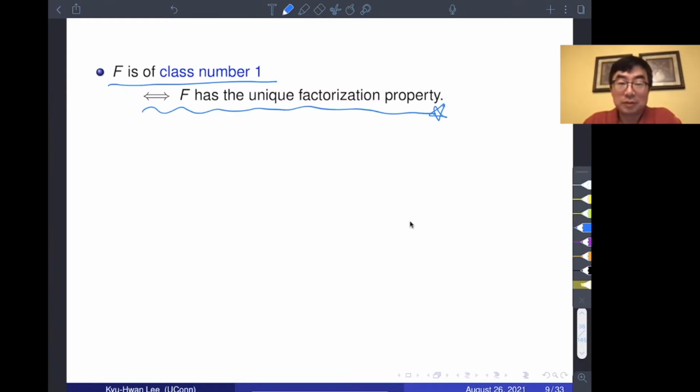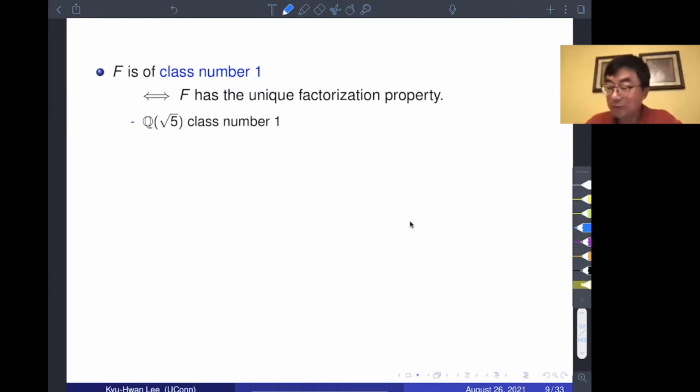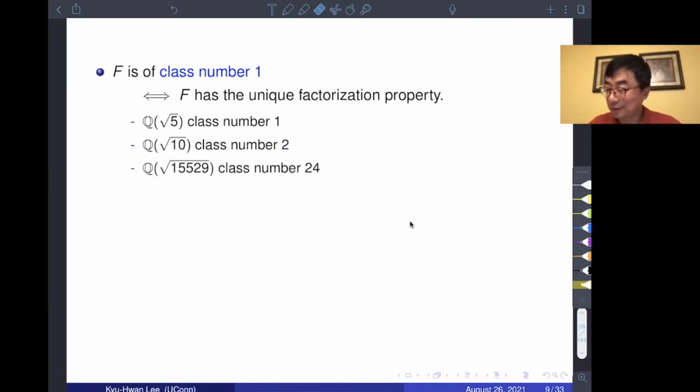And Gauss studied this. Before we see examples: Q adjoin square root of 5 has class number 1. This one has class number 2 because we saw the number 9 has two different factorizations, but the number of factorizations may not be related to the class numbers directly.